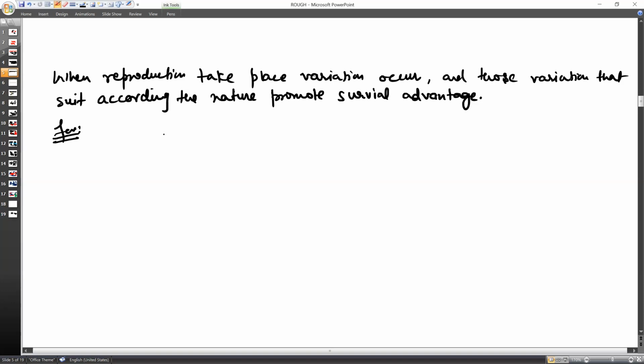Let's suppose we take the example of red beetles and green beetles.